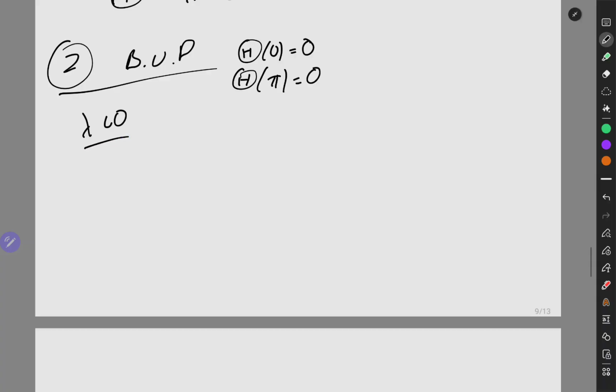So when lambda is less than 0, we know we end up with the case when we have positive minus mu, which is just going to be c1 e to the mu whatever plus c2 e to the negative mu. That's going to result in c1 or c2 being equal to 0.